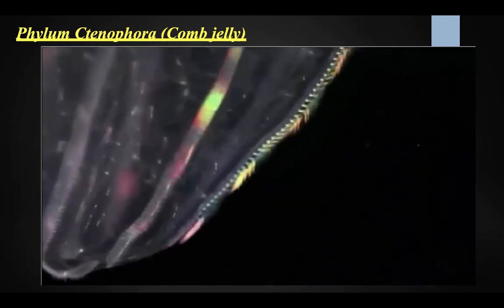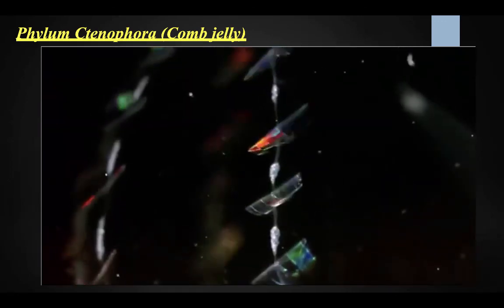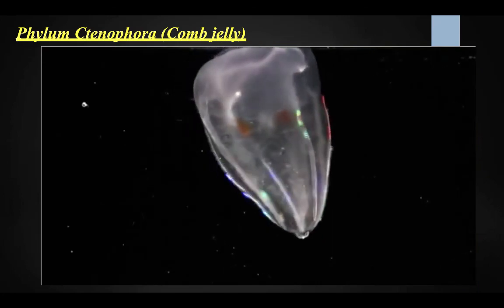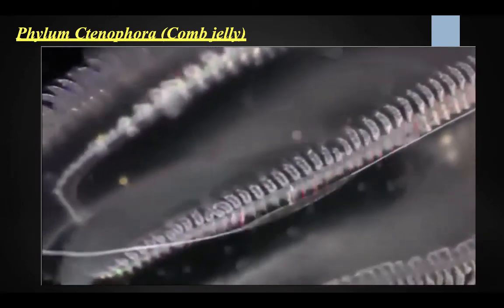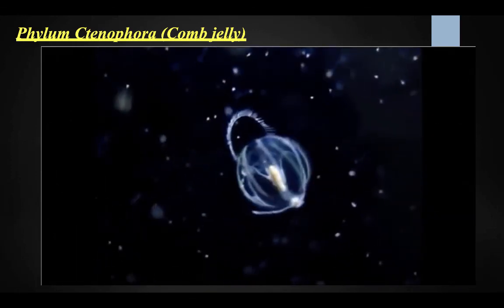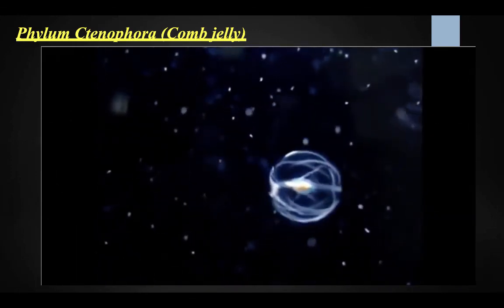Their body is over 95% water. When taken out of water, they literally look like a blob of jelly. About half of the comb jelly species feed by the use of a pair of tentacles that do not sting, but instead contain sticky cells called chloroblasts.